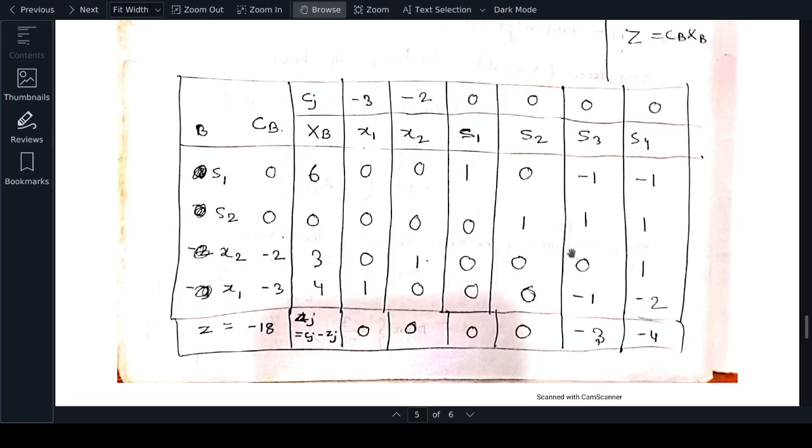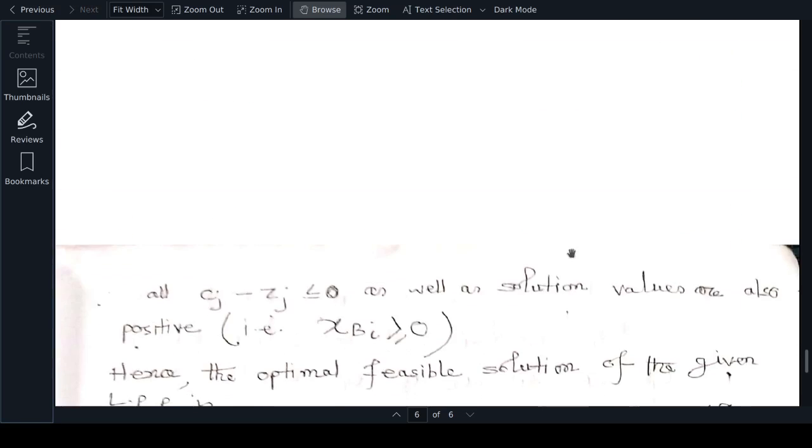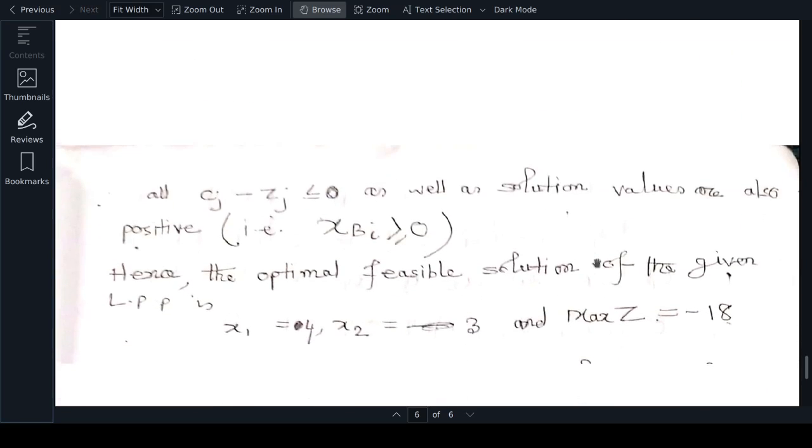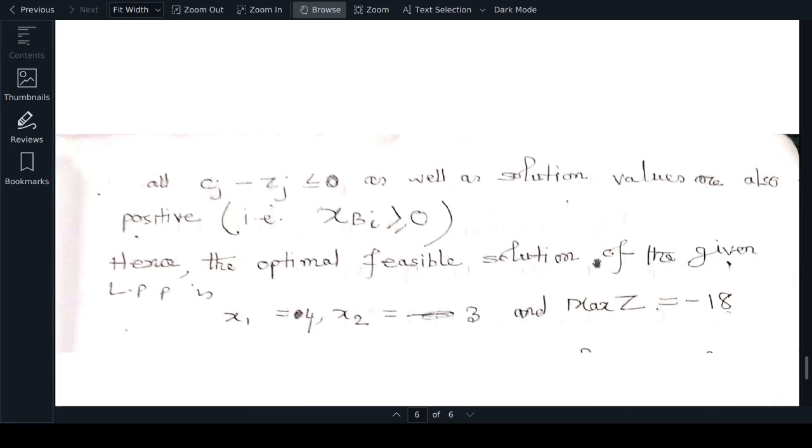Without finding it, we can find the key row. Is this clear? Yes, sir.